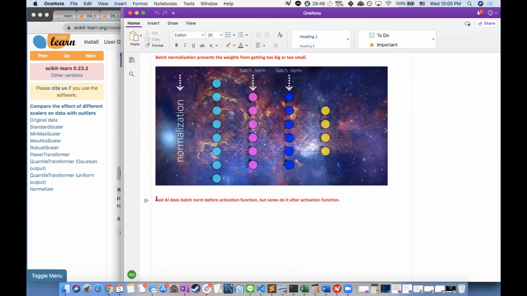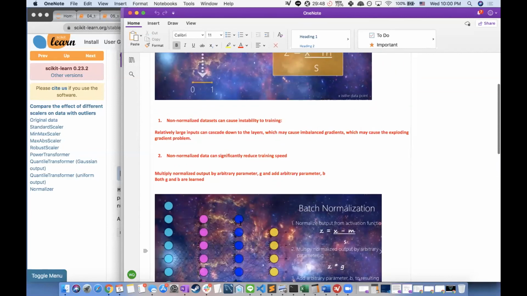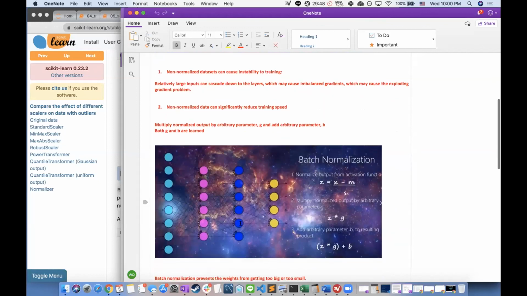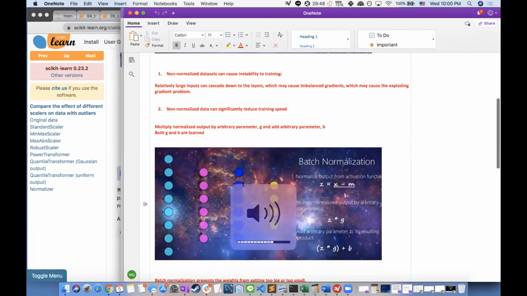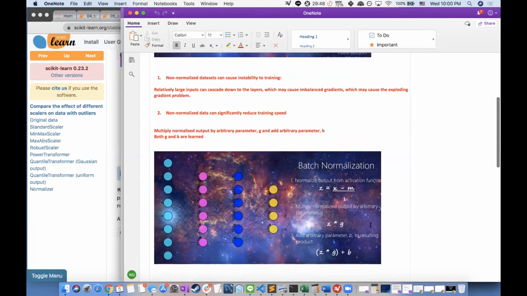So I actually made a note. FastAI does batch norm before activation function, but some do it after activation function. I think the B and G are learned just like the weights. So at the end of the training, you get good values for B and G, and then you use that for your prediction. So B and G, one value is fitted for the entire data set, not one value for every batch.